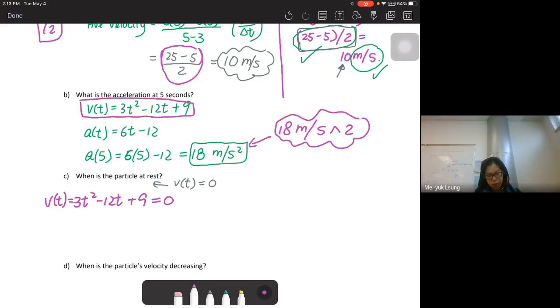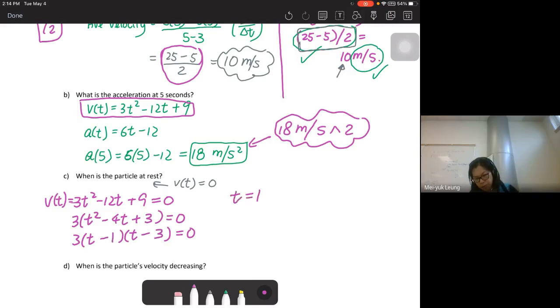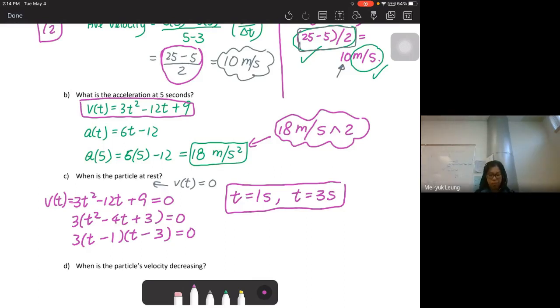So you can either reduce it by 3 or just simply factor it out. And then continue to factor this trinomial. 3 and 1, negative, negative. So that means t is equal to 1 second, or t equals 3 seconds. So that would be your answer. Okay?